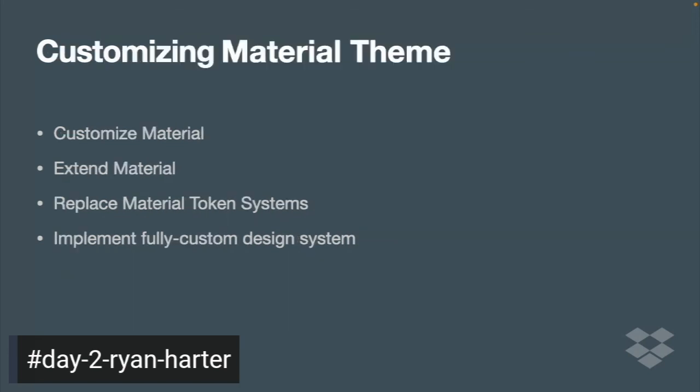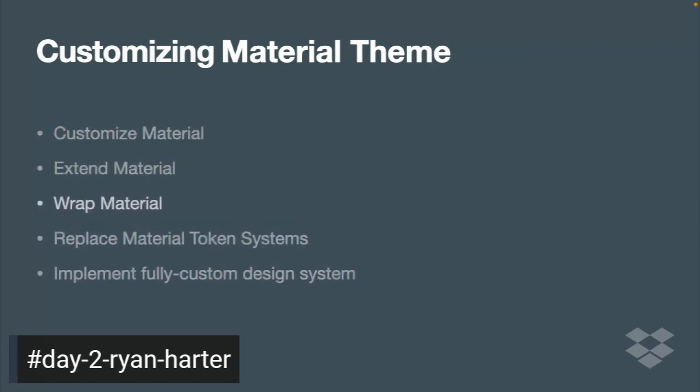This is sort of the bullet points of approaches for customizing Material theme from before. And what I came up with, it's not that novel, as you'll see, was a different approach allowing you to wrap Material. So it's between extending Material and replacing Material.